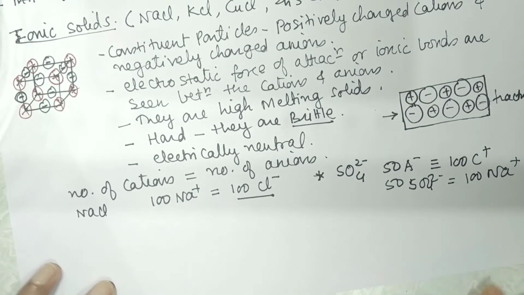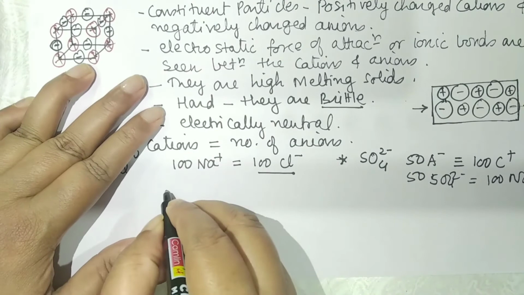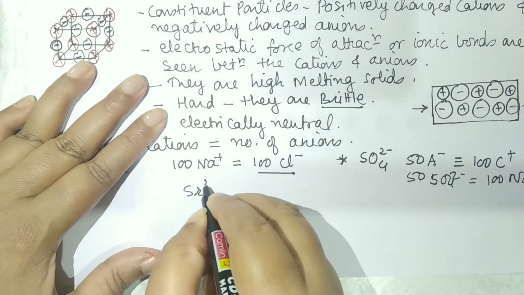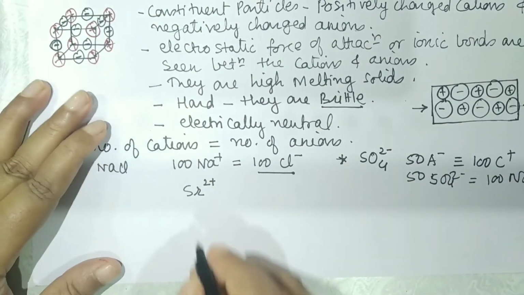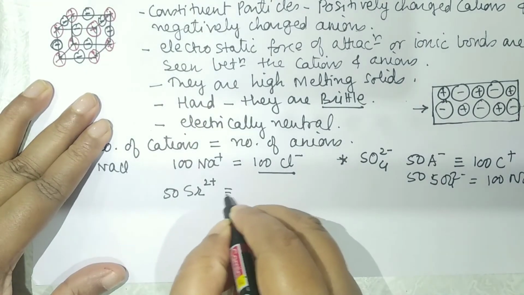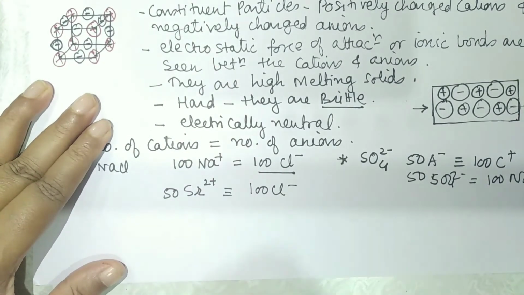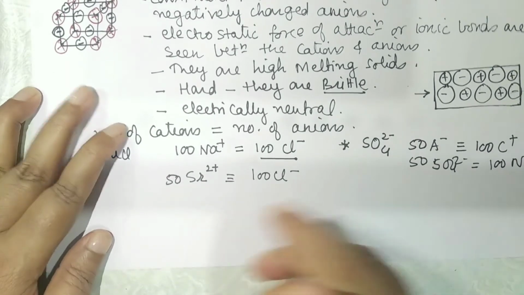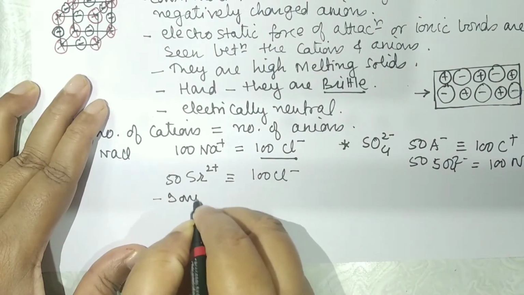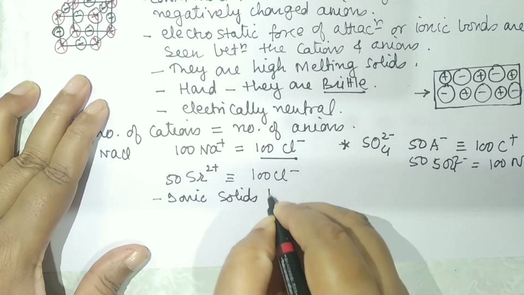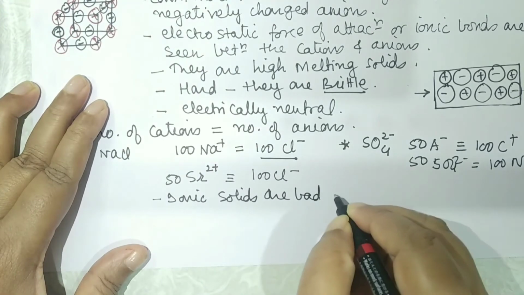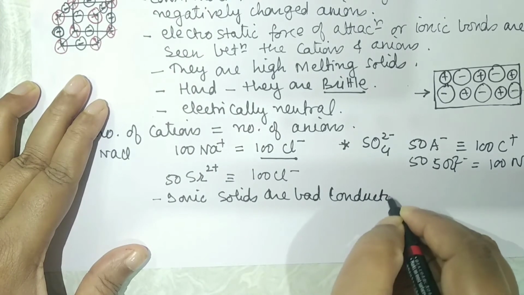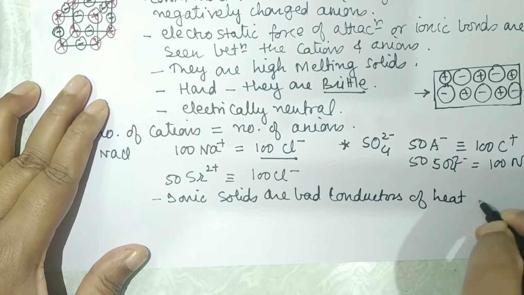In place of sodium, if you have strontium, see the next case. Strontium is from the calcium family, that is divalent. So if I have 50 strontium ions, then it can have 100 chloride ions in order to maintain the electrical neutrality. Now, if you see this, there is no free ion, nor are the electrons free, and therefore ionic solids are bad conductors of heat and electricity.